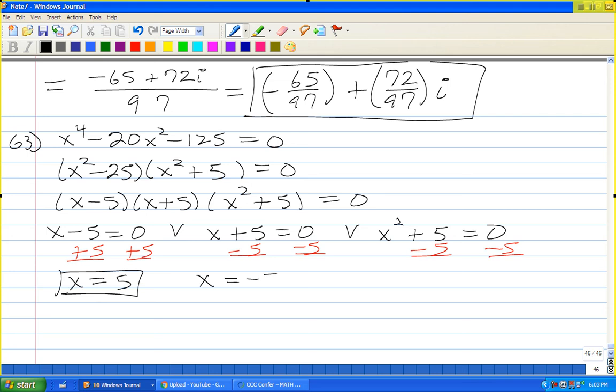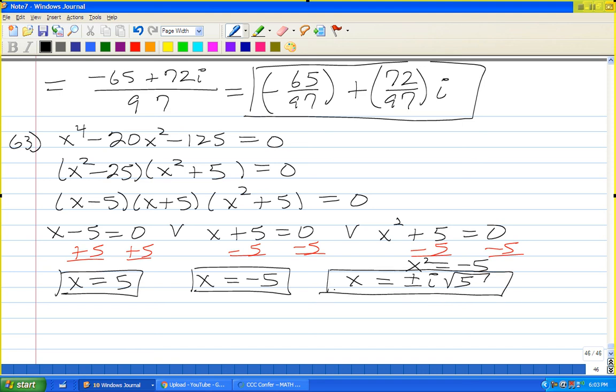x is equal to negative 5, and since x squared equals negative 5, then x is equal to plus or minus the square root of negative 5, which is equal to plus or minus i radical 5.